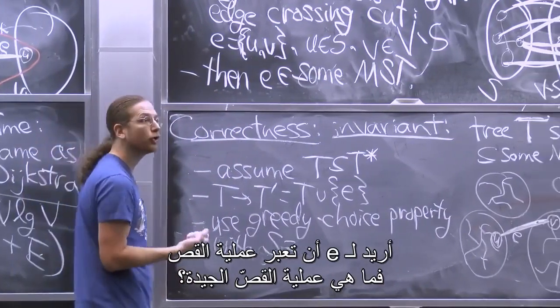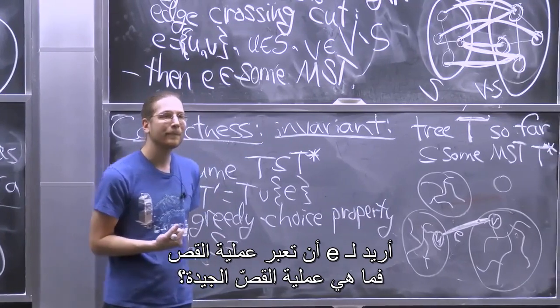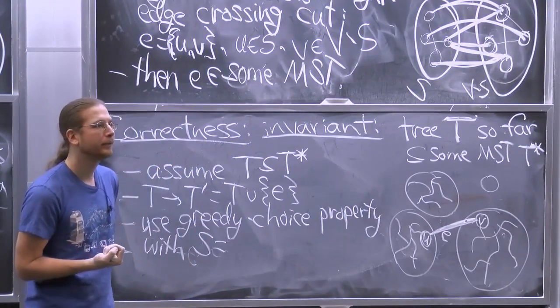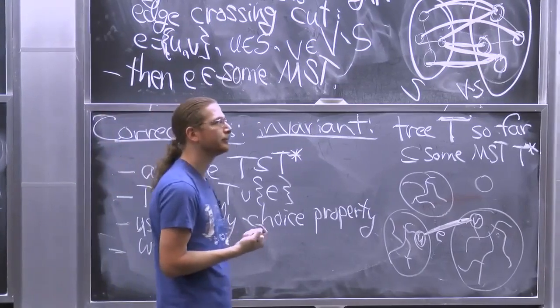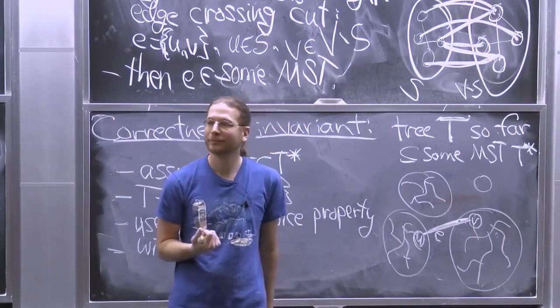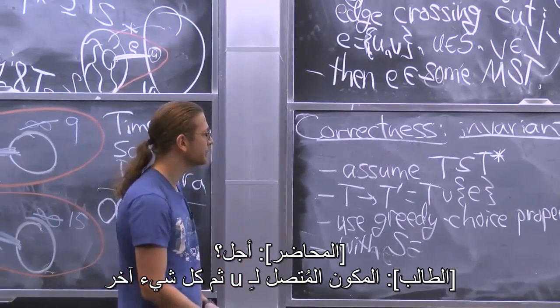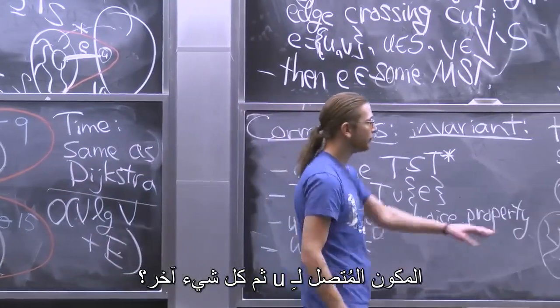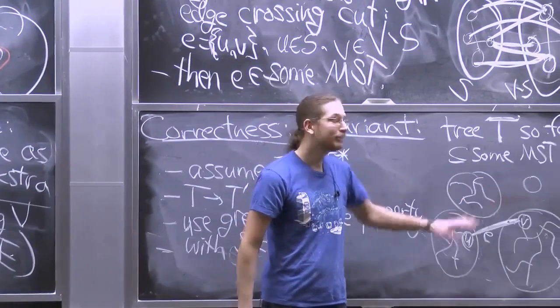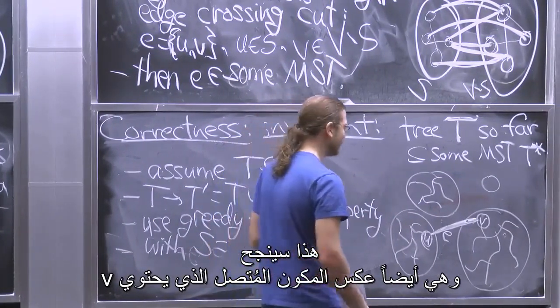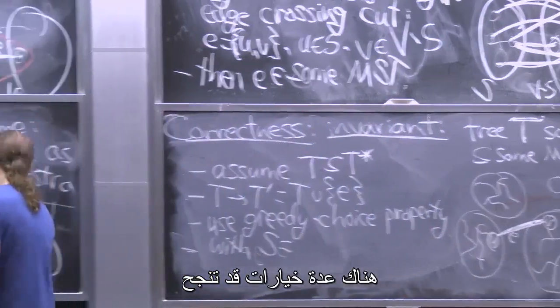I want E to cross a cut. So what's a good cut? Yeah? So the connected component of U and then everything else. That would work, yeah, which is also the opposite of the connected component containing V. There are many choices that work.